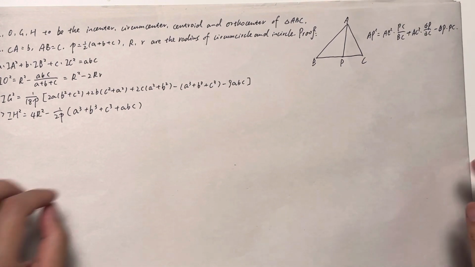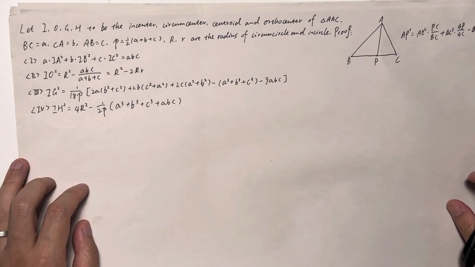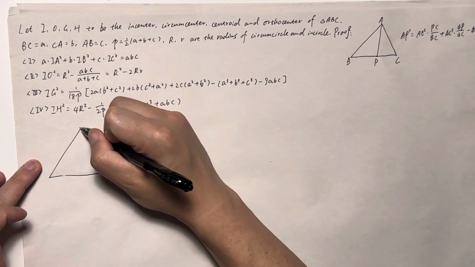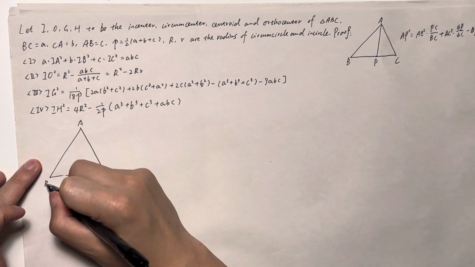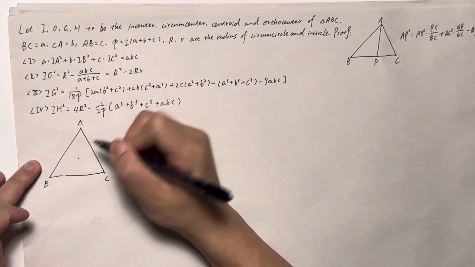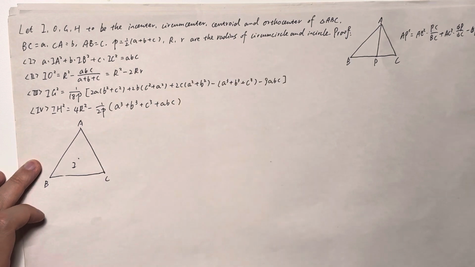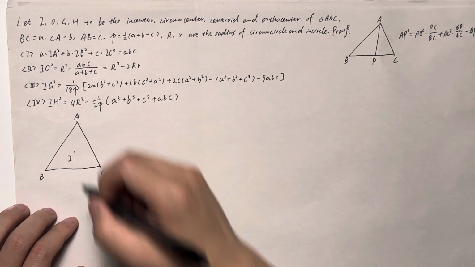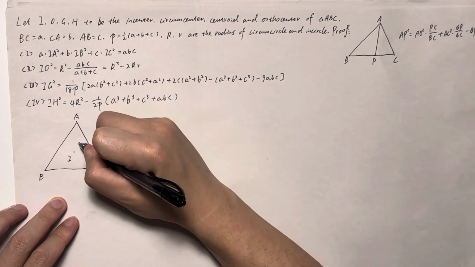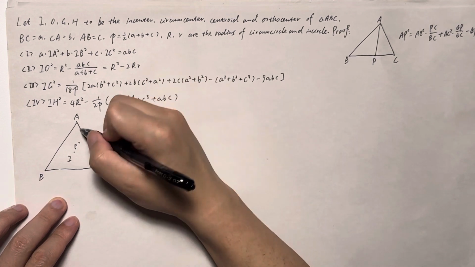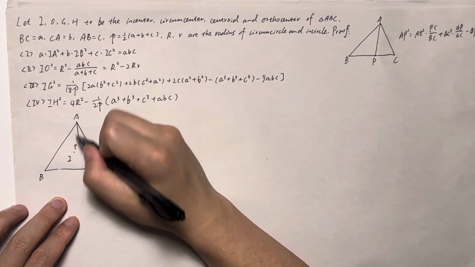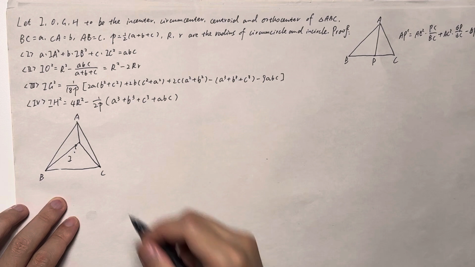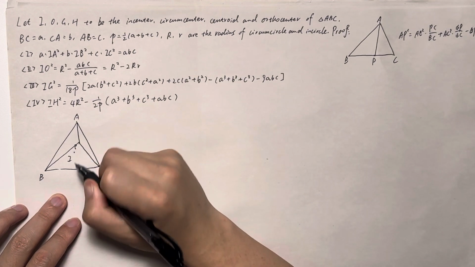Okay, so let's look at a general case. In a triangle ABC, this is the incenter I, and on the plane, let's say there is a point P. If we know the length of PA, PB, and PC, can we find out PI?